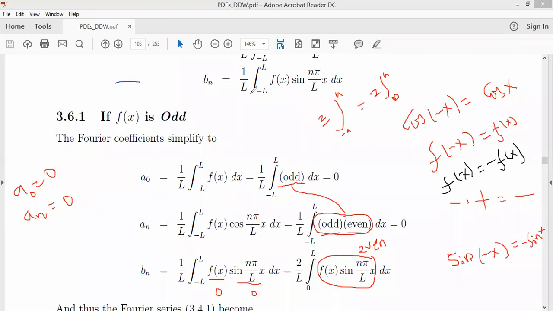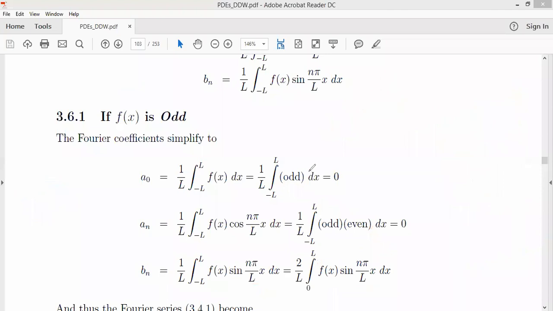All right, so that is it. So now we can deduce that once you're dealing with a Fourier sine, and they have told you to compute the Fourier sine, by default, by what we have done here, it would imply that the Fourier coefficients a0 is 0, an is 0.